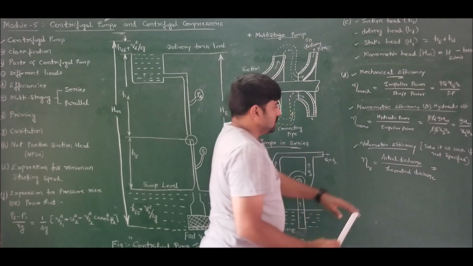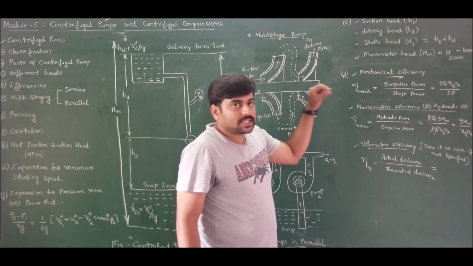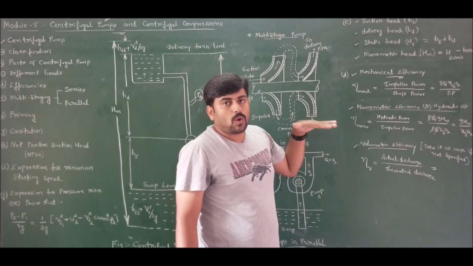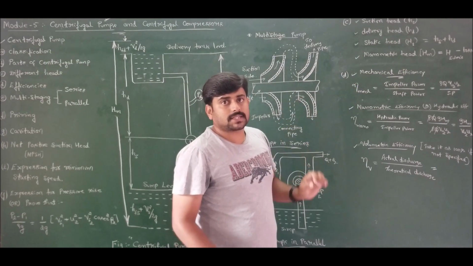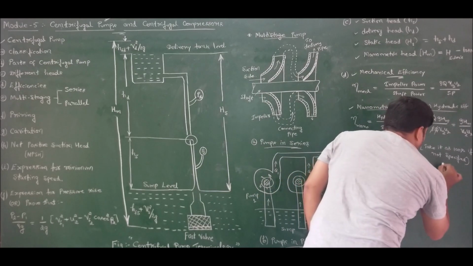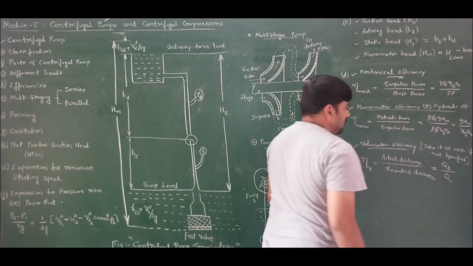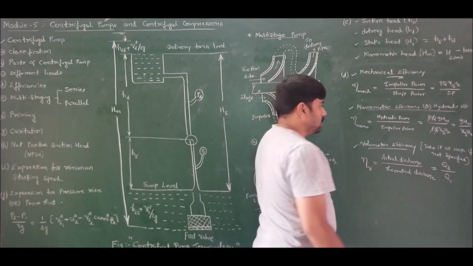That is, the volumetric efficiency is the actual water delivered through the delivery pipe to the actual water entering the impeller from the suction pipe. That is, the actual volume of water delivered through the delivery pipe divided by the actual amount of water entering the impeller through the suction pipe.